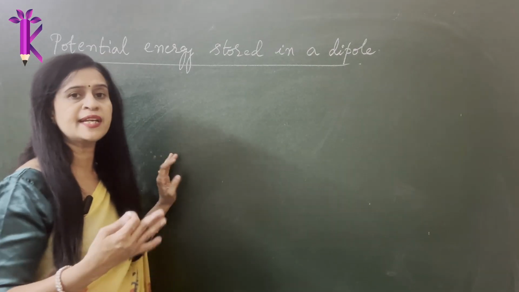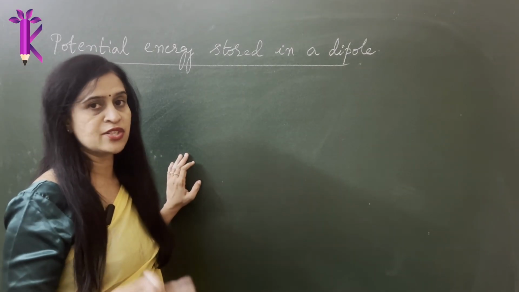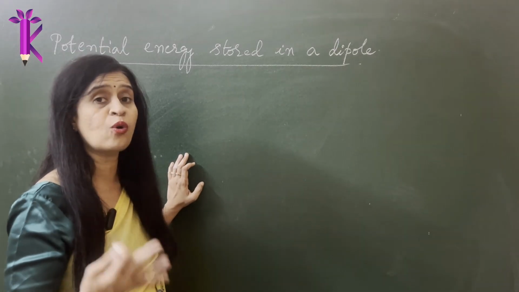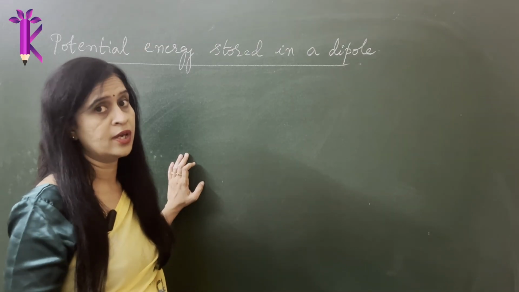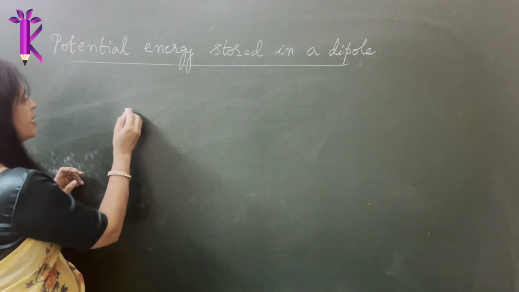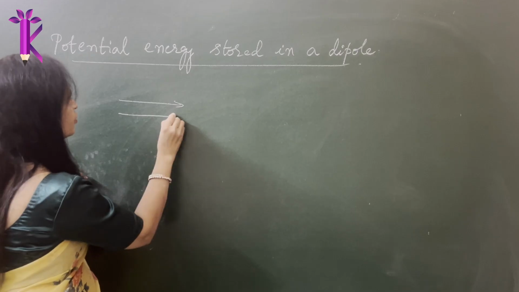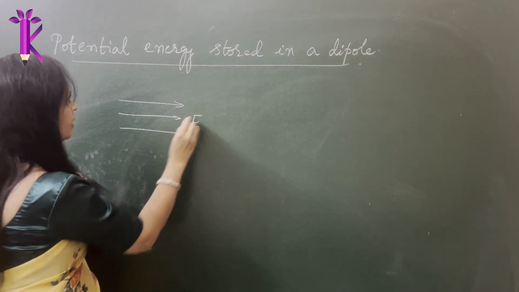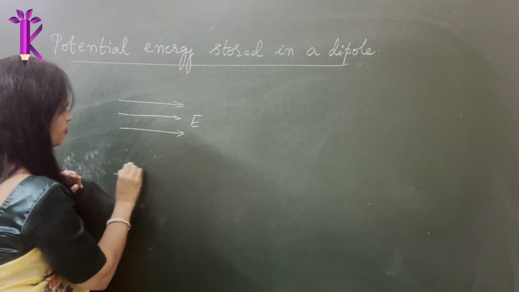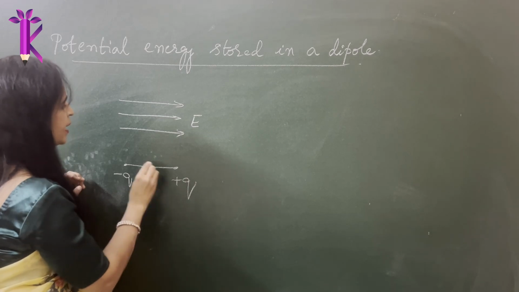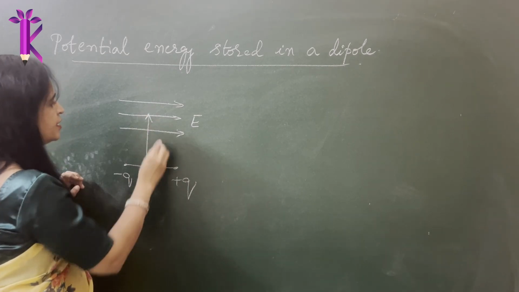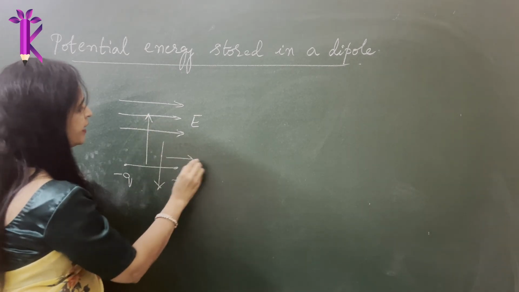This is a very important thing that we are going to derive from the entrance examination point of view. We calculated the expression for the work done. Will that work be stored as potential energy in a dipole? Let's say this is the uniform electric field, and here is the dipole, minus q to plus q. Suppose you have to bring this dipole from here to here, you have to do work against gravity.